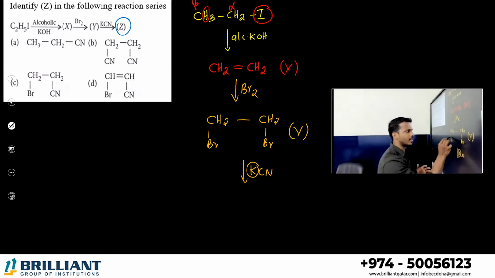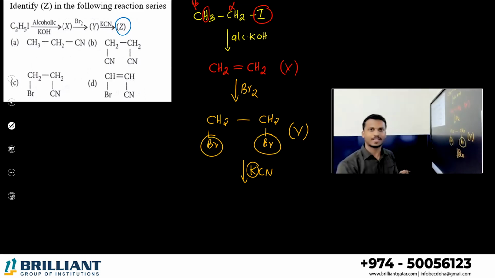How many bromines are there? 2 bromines are there. Correct. So both of the bromines can be replaced by the nucleophile cyanide, because they didn't specify how many KCN. They just gave KCN. Otherwise they will specify 1 mole KCN or 2 mole KCN, like that. If the number is not specified, we can take as much as required.